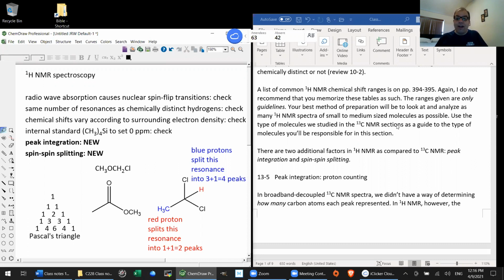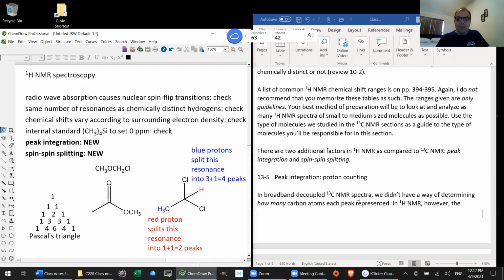Good. So let's get right into it with peak integration. This is a method by which the spectrometer literally integrates, finds the area underneath the resonances, between the resonances and the baseline.